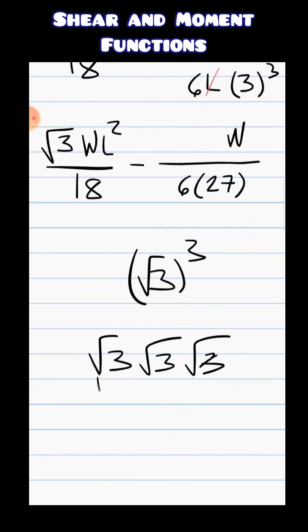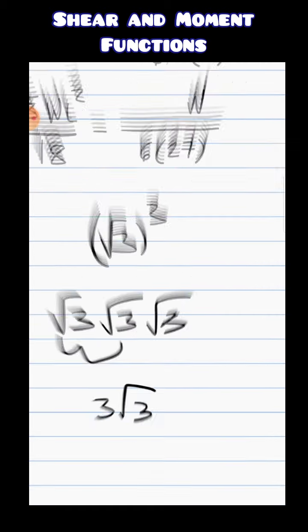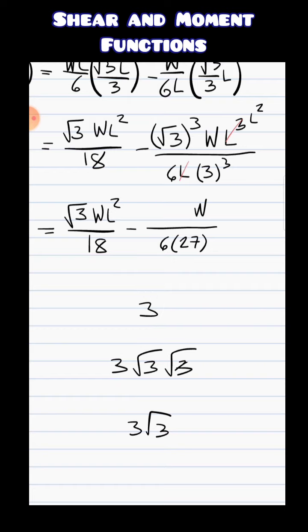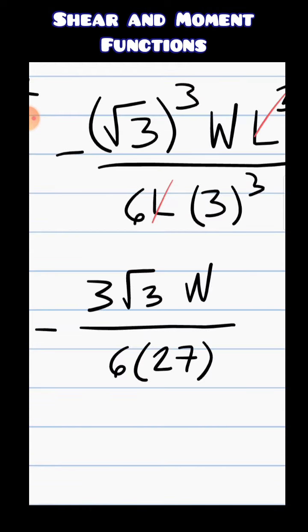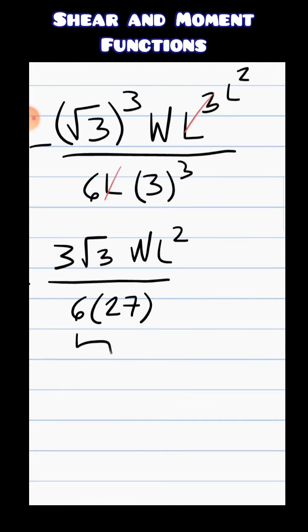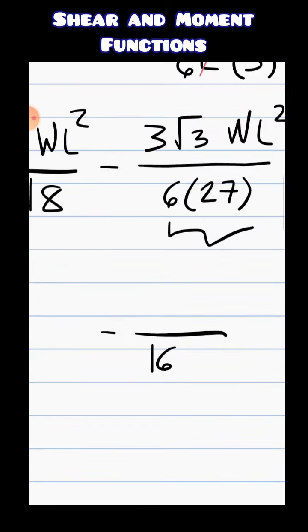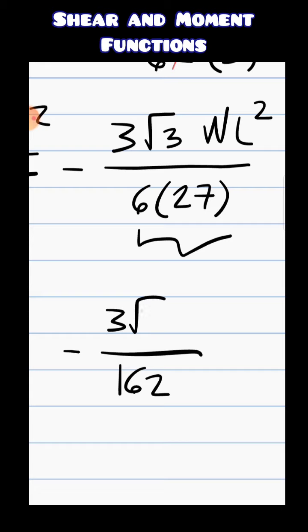So two of them will simplify to 3, and we just multiply by square root of 3. So above we're going to have 3 square root of 3 W and then L squared. And below, this 6 times 27 will simplify to 162. Above will remain 3 square root of 3 WL squared.